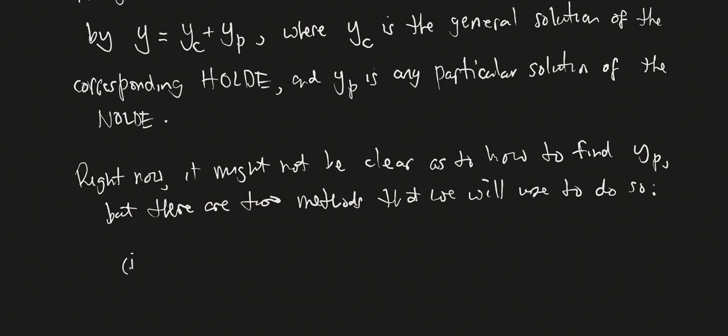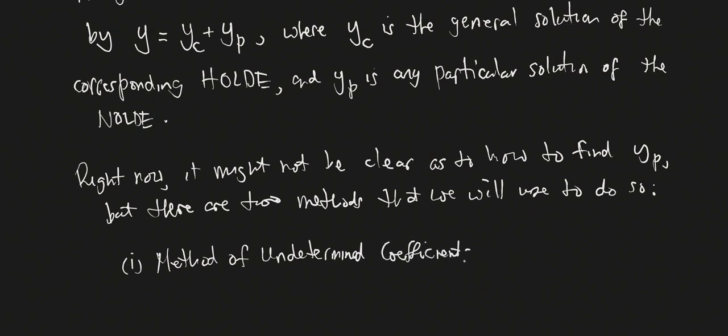The first method is the method of undetermined coefficients. And then the second is the variation of parameters.